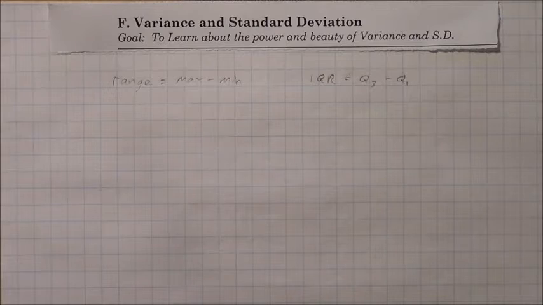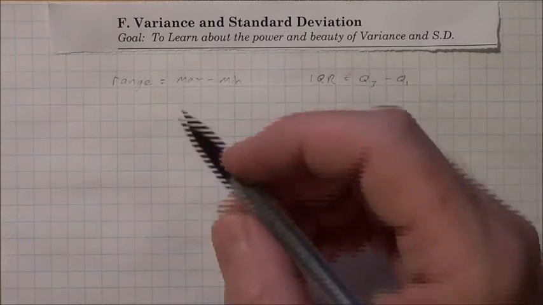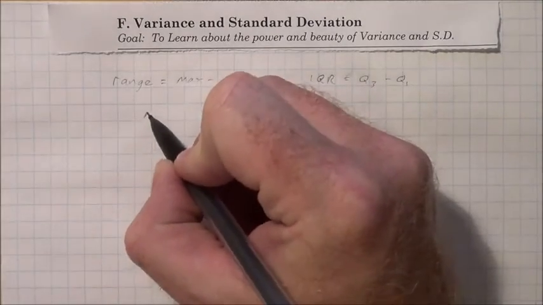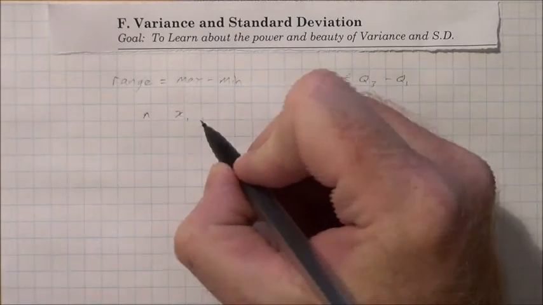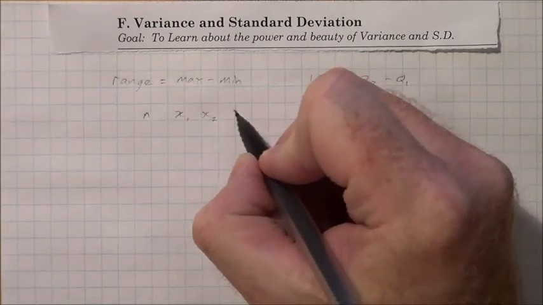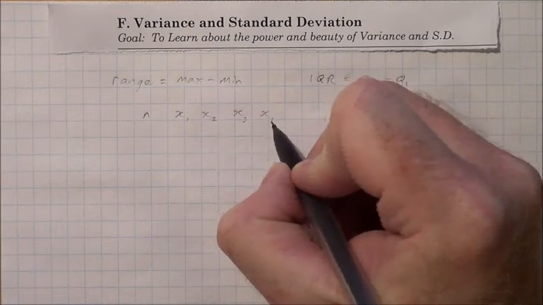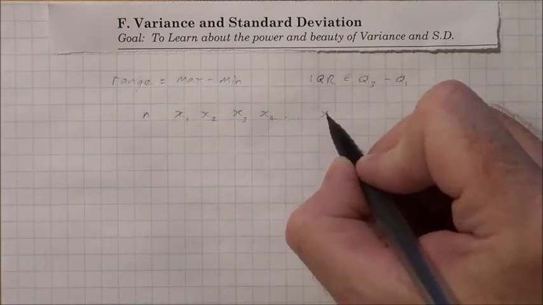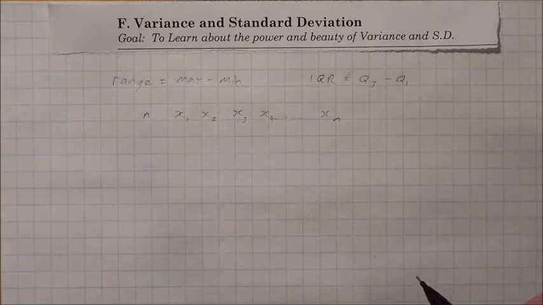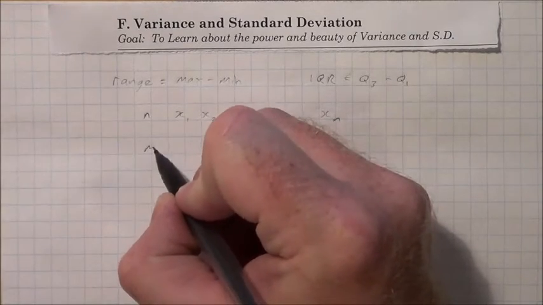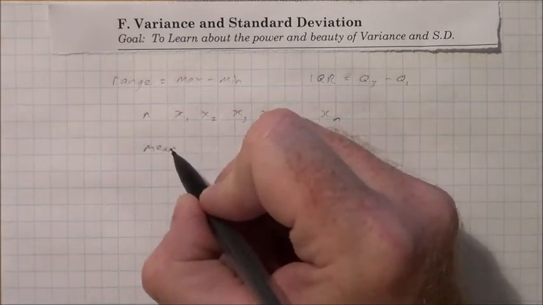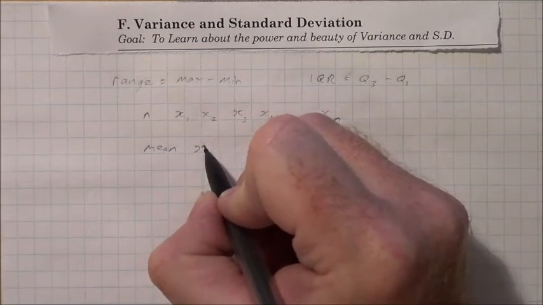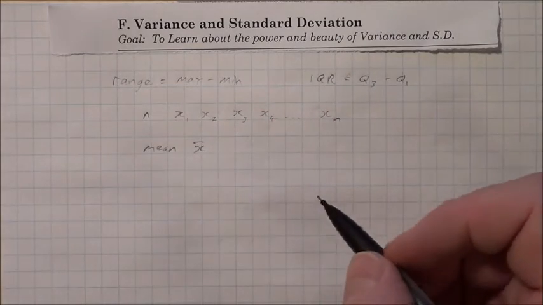So suppose we've got n data values: x1, x2, x3, x4, etc., all the way up to xn. We know the mean, and we use the symbol x bar for the mean.